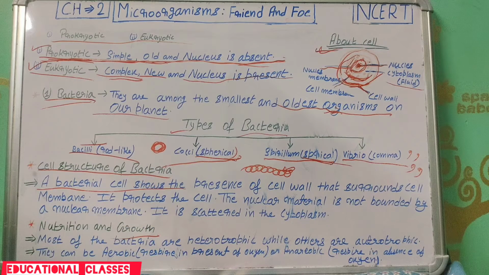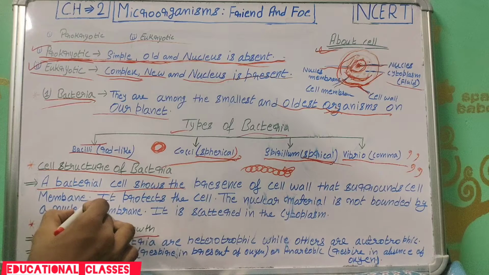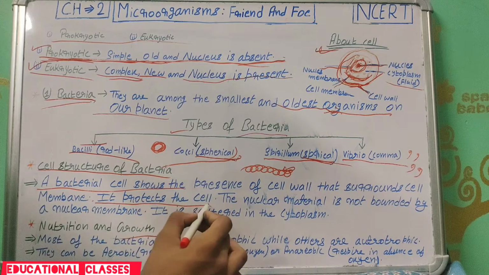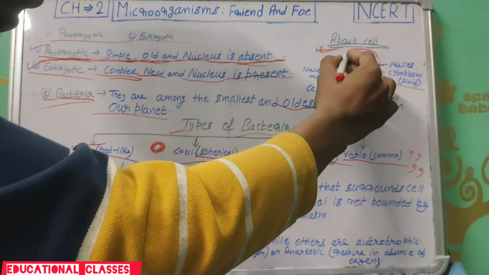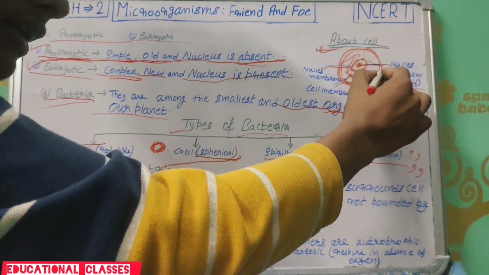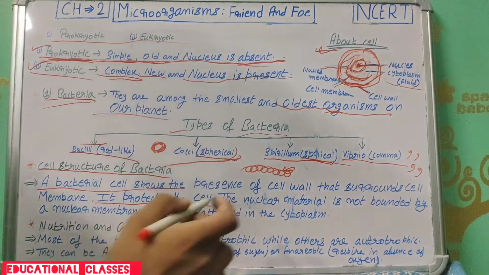So it covers the cell membrane, which means it protects it. Here it is written that it protects the cell, meaning the cell wall protects the whole cell. That's why it is the first circle, to protect the whole cell.